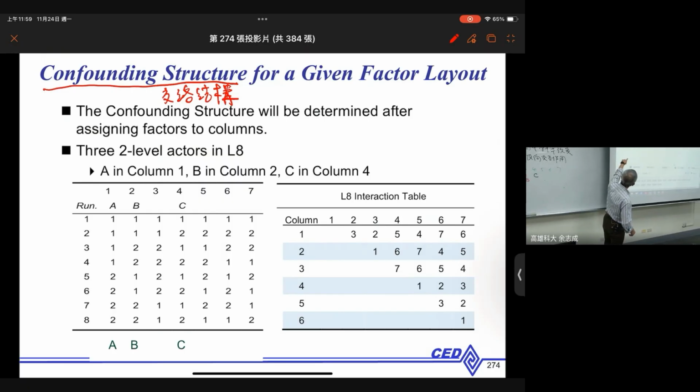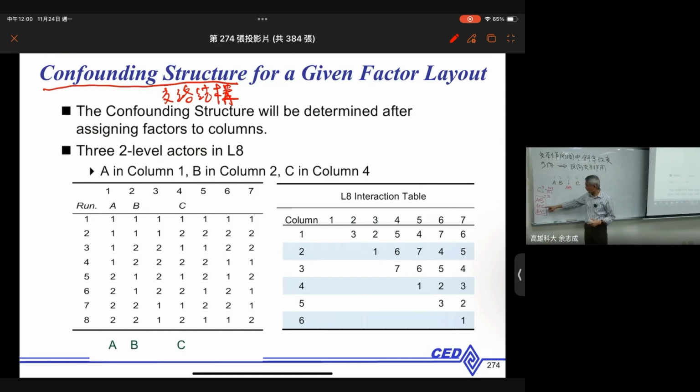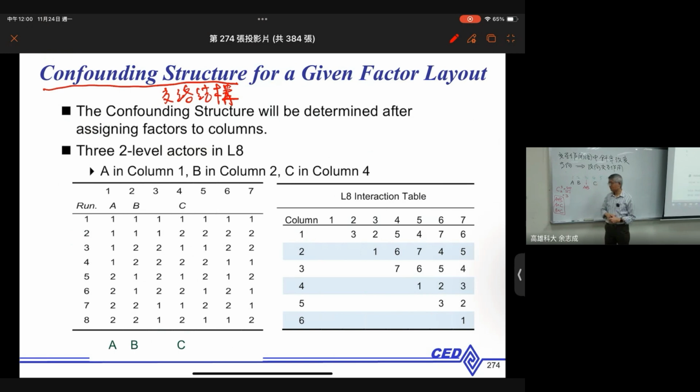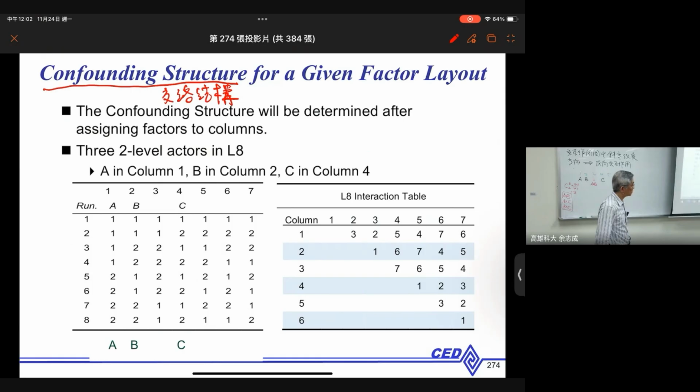Columns 1, 2, 3, 4, 5, 6, 7, and A column 1, B column 2, C column 4, and where's AB? Where's BC? Where's AC? I already made one for you. AB is in column 3. Where is AC? Where is BC? Very straightforward. I just want to know whether you know how to use the interaction table.